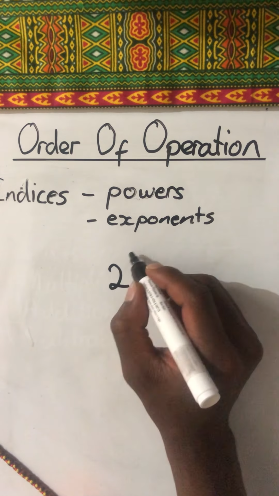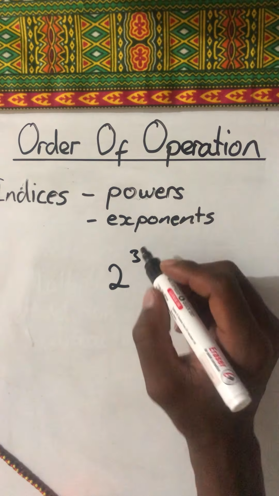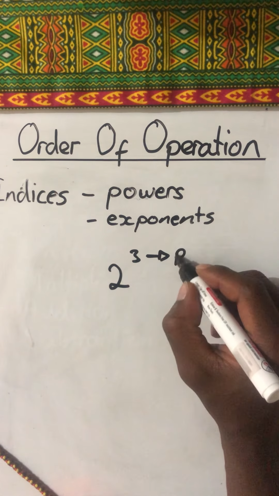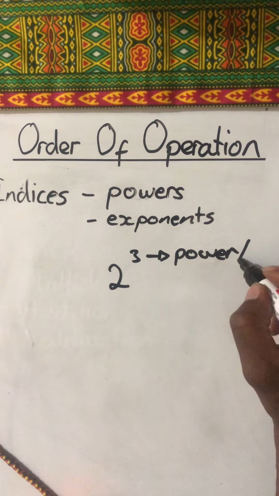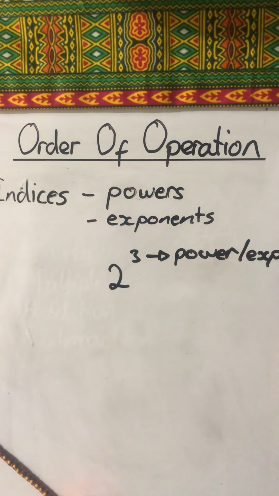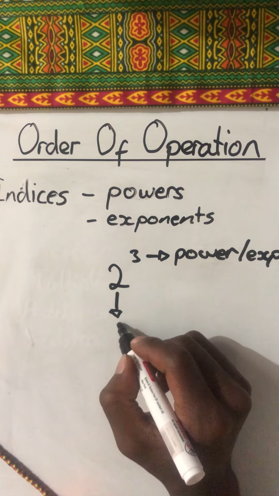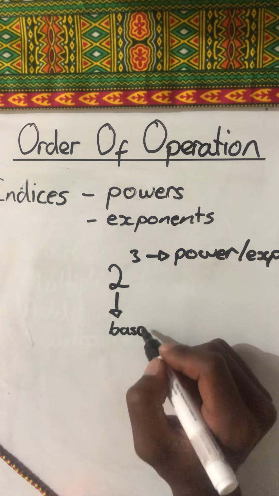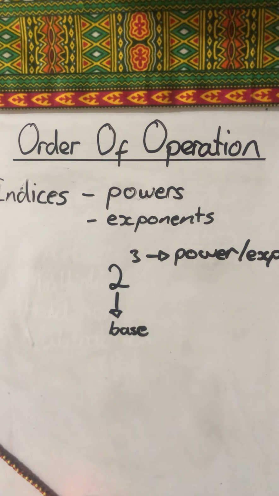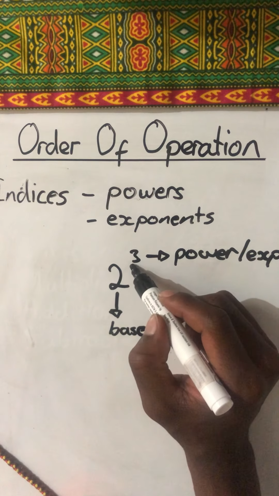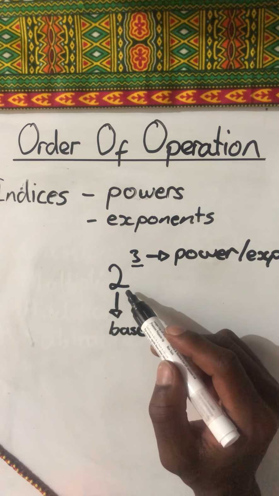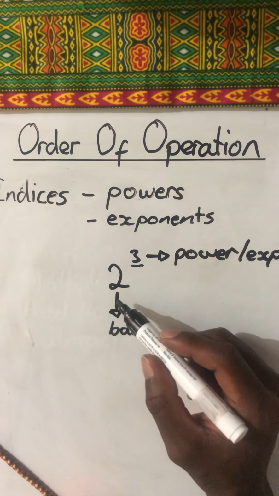So let's look at an example of an index. At the top here is the power or the exponent, and then this here is what we call the base. In my description of indices, I said that the power tells us how many times we multiply the base number by itself.